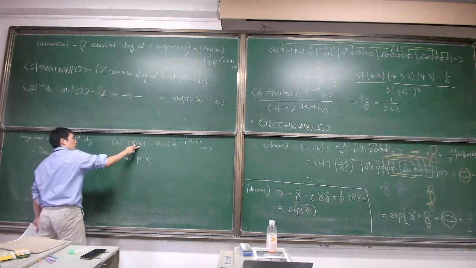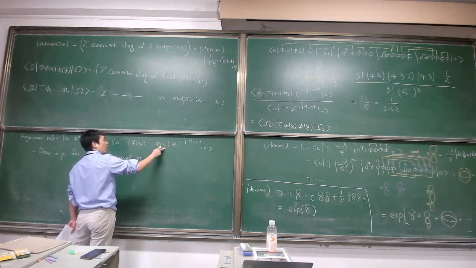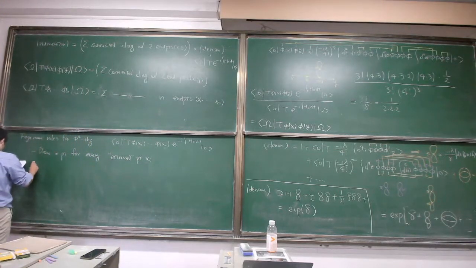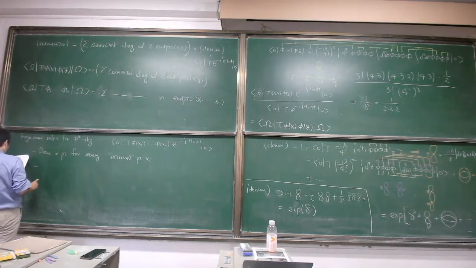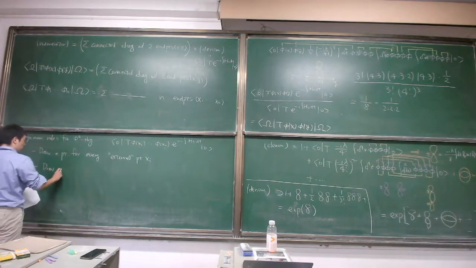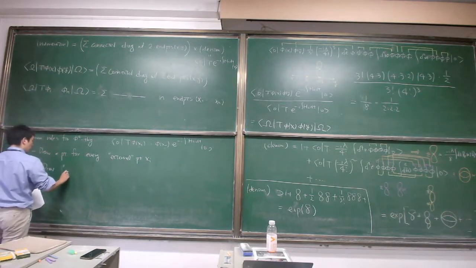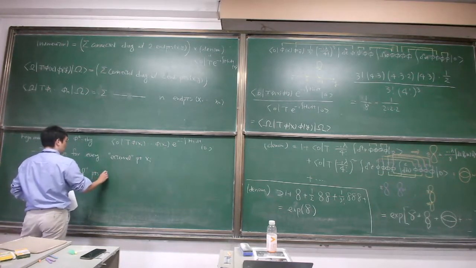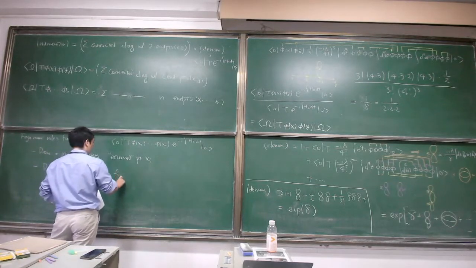For each insertion of phi, you have an external point xi, that we already saw, and then some internal points zi for interaction.